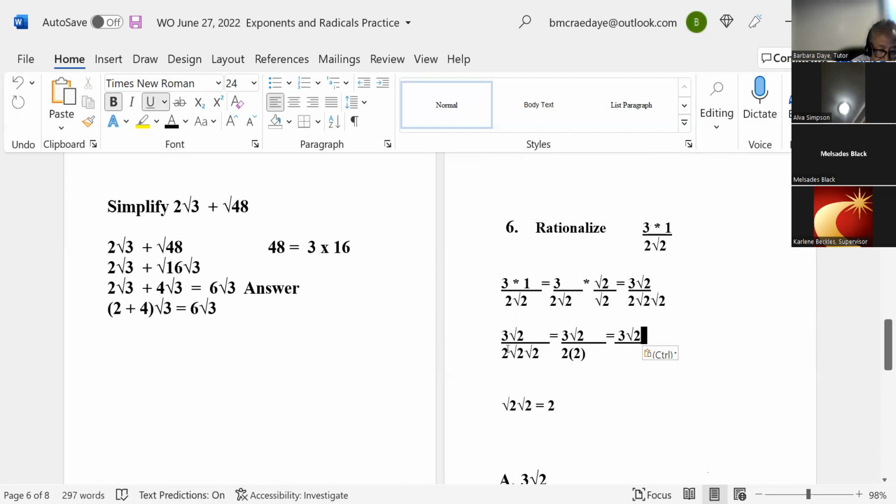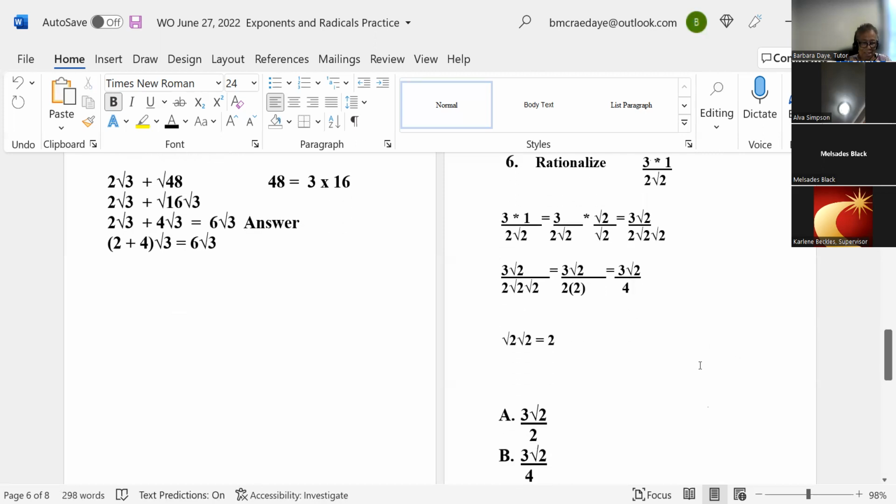Remember, when I say the radical by itself is just the radicand, it's just a 2. So that's 2 times 2, 4. That's how we write it, and you put the answer on there.